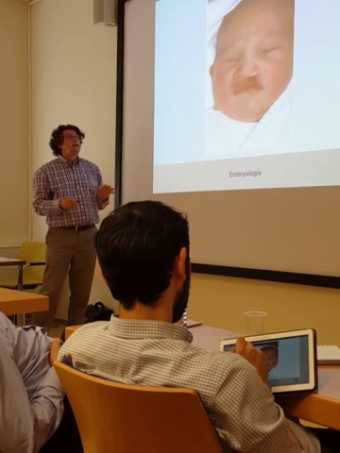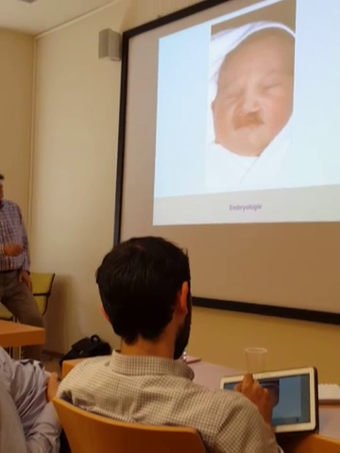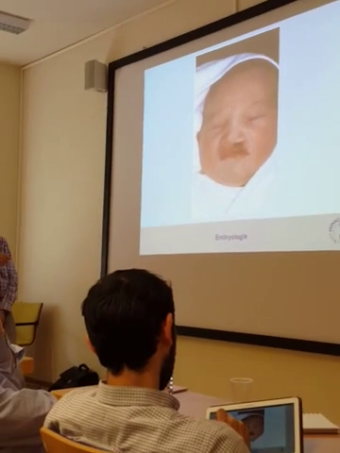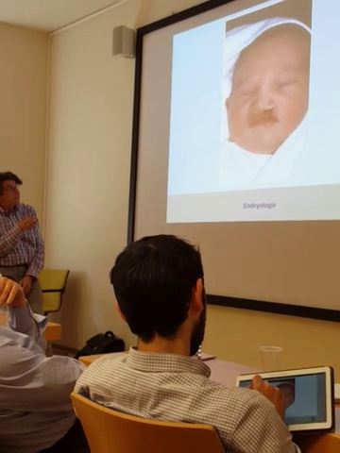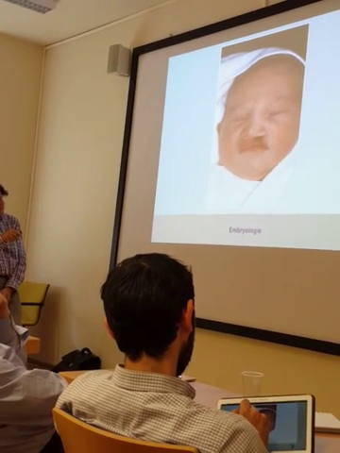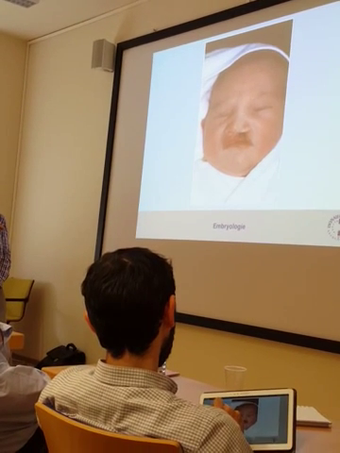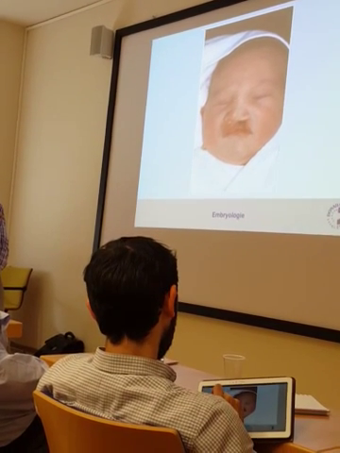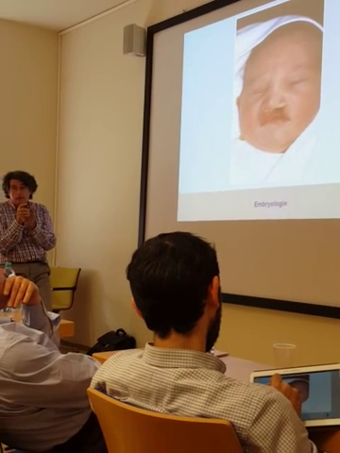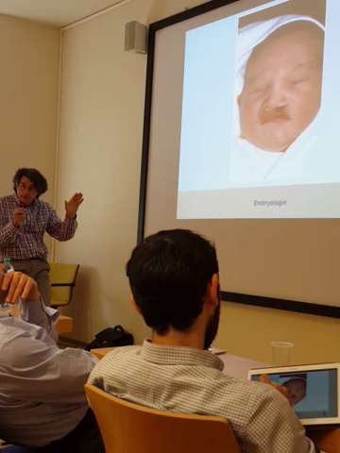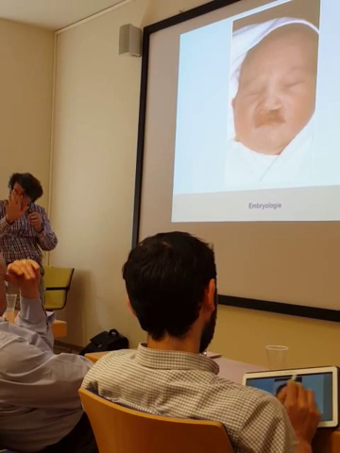You even can see the effect of the clefting if you look at the distance from this corner of the eye to the midline, and that corner of the eye to the midline. This one is much wider than that one. So the clefting not only brings about a deviation of the nose, it also brings asymmetry to the whole face.